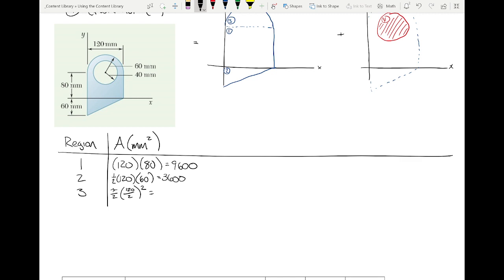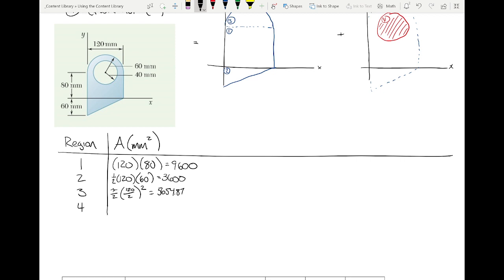Anybody have an answer for this? Y'all are going to have to speak up. I can't hear you. There we go. That's a way of seconding it. 5654.87. Okay.